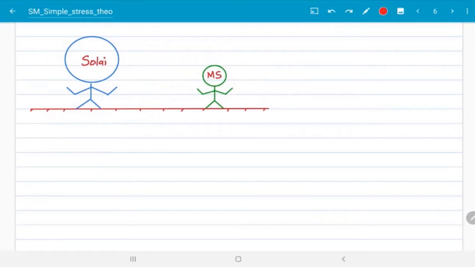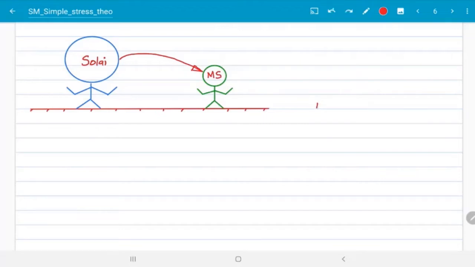Now I'm going to apply load on Mahendra Singh, the small boy. So how much load am I going to apply? I am going to apply 1 Newton in 1 mm square area. 1 mm square means a very small area.